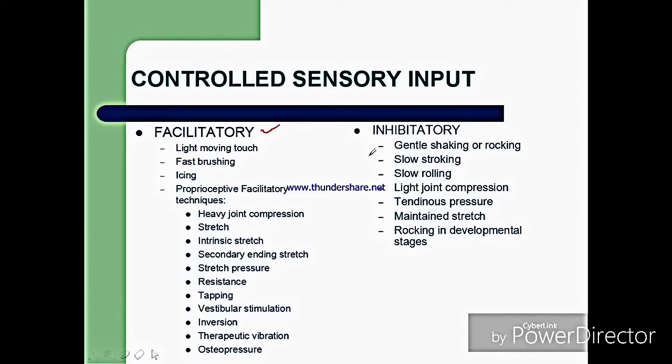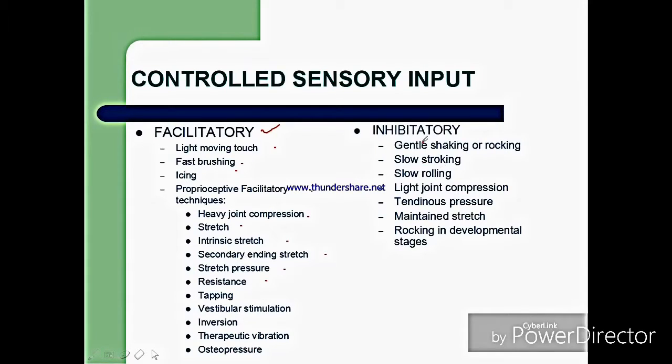First is the light moving touch, fast brushing, icing. Proprioceptive facilitatory techniques include heavy joint compression, stretch, which includes intensive stretch, secondary ending stretch, stretch pressure. Then come resistance, tapping, vestibular stimulation. Other facilitatory techniques are also there.